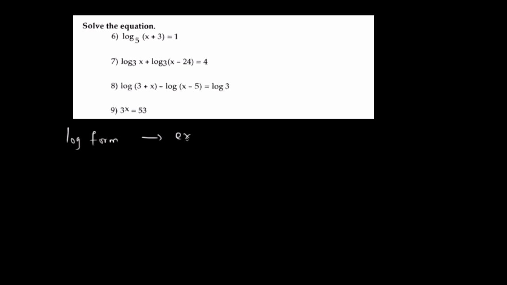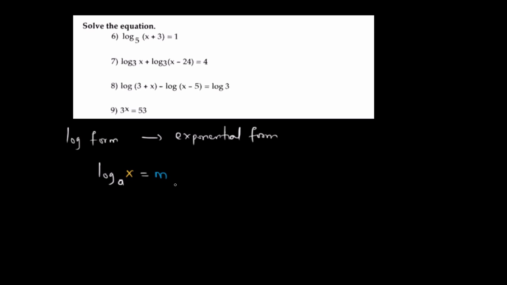You would recall that if you wanted to write a number from logarithm form to exponential form, what we said is that if you're given a number, say log to the base a of x, and let's say this equals m.